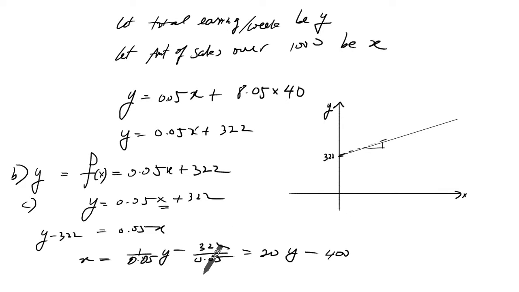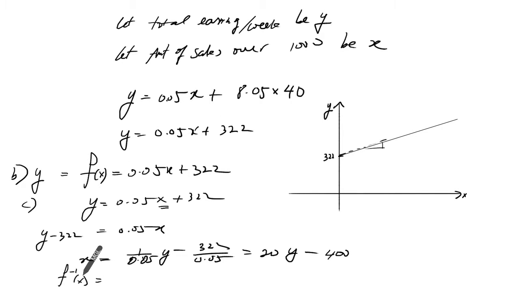Okay, so we get that, which means if you now switch the X and Y, so this becomes your new Y, the function of X. This time, it was really dependent on the Y, and Y was the total earning.